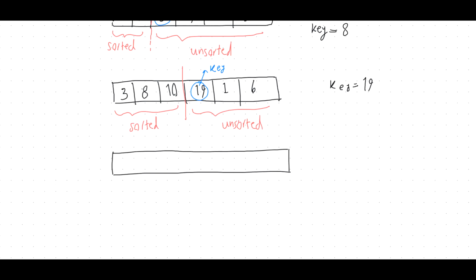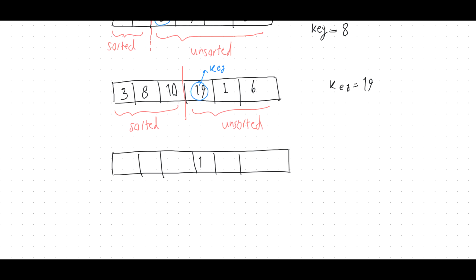So let's do that here. So we kept the key in a separate variable, 19, and then we look at 10, the last value in the sorted part, and we compare it with the key. Is 10 greater than key? No, it's not, which means that there is no need to push anything to the right to make room for the key. Key is fine where it is.